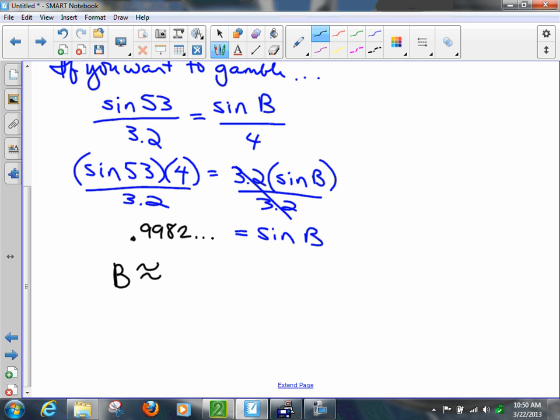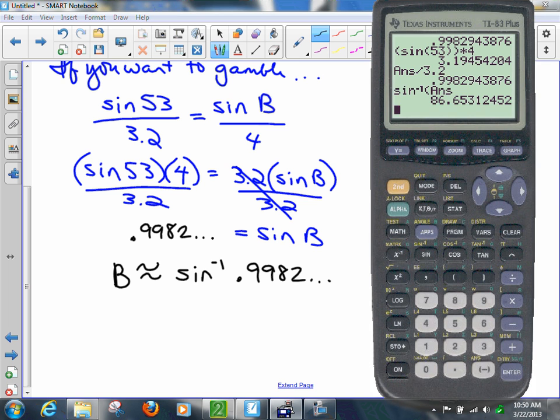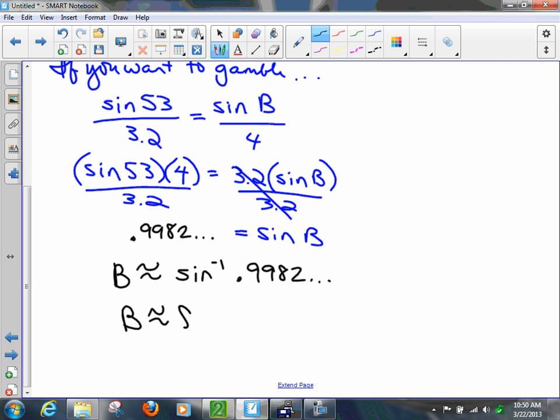Inverse sine. Inverse sine of that number. I'm not going to round that number because you don't ever see me do that. I always will find the inverse sine of the answer, which gives me approximately 86.7 degrees.